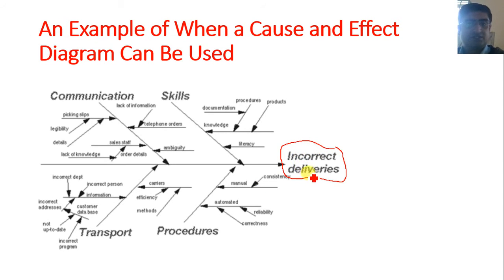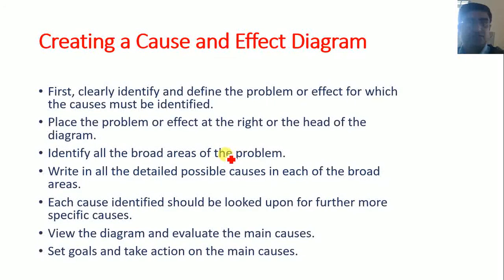Incorrect deliveries is in our case the problem, and we have to solve it with the help of this fishbone diagram, or root cause diagram, or cause and effect diagram.